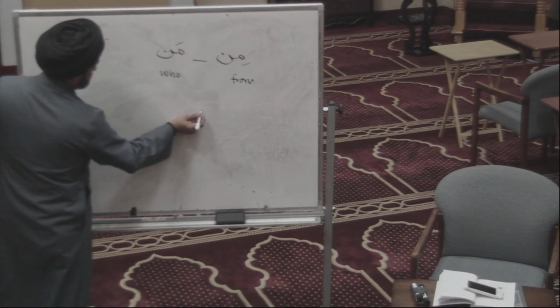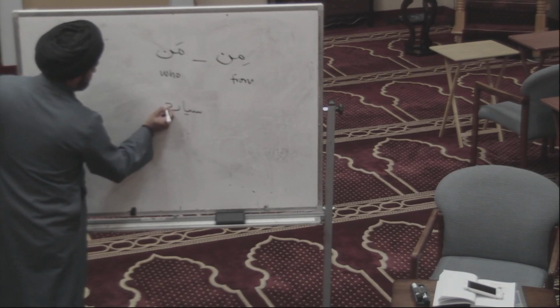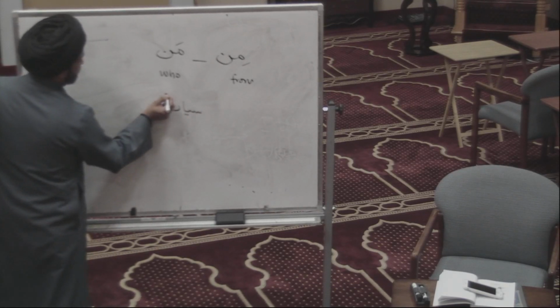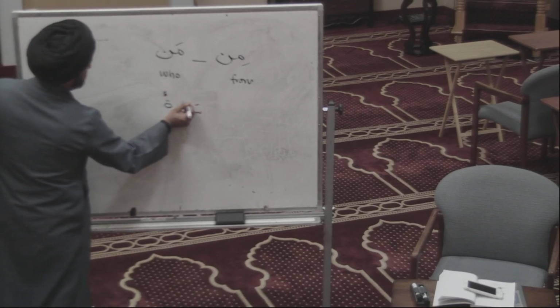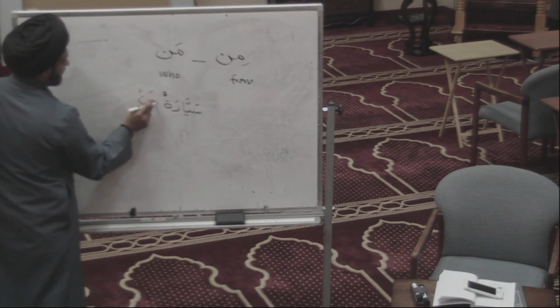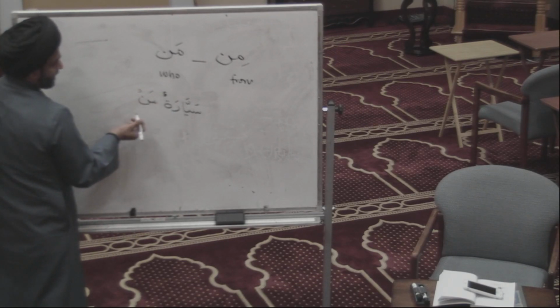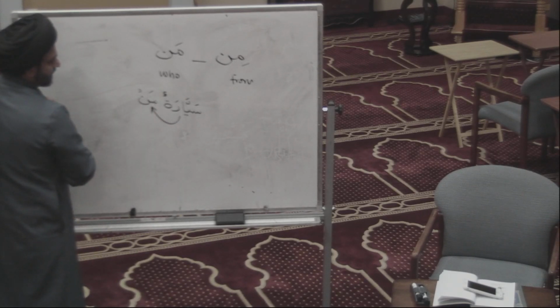Indefinite. Sayyaratu. Now, your first inclination is to read it as sayyaratun because there's no alif lam. But then as soon as you see that there's man afterwards, you realize that it's not a min, it's a man. So this is being possessed by this person.